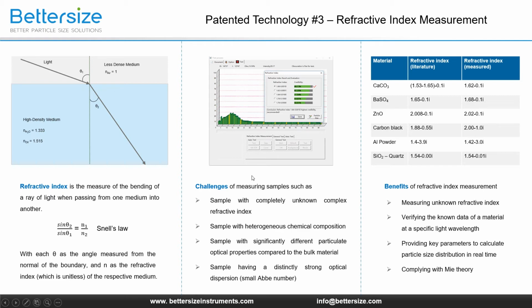So it is a huge challenge to measure samples without a known refractive index. To solve these problems, a tool to determine these sample parameters was developed by Betasize. It can measure refractive index and verify the known data of a material at a specific light wavelength. Most importantly, it provides optical parameters which are essential in particle size analysis.